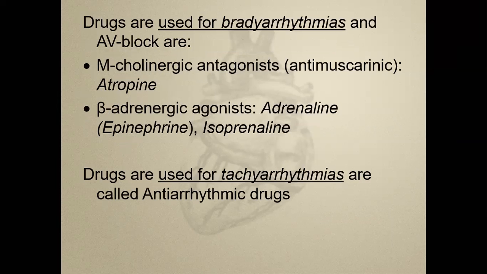Drugs used for bradyarrhythmia and AV block include M-cholinergic antagonists, antimuscarinic drugs. We discussed this group when we discussed anticholinergic drugs, and the main of these drugs is atropine. And beta-adrenergic agonists, which stimulate beta-1 adrenergic receptors in the heart.